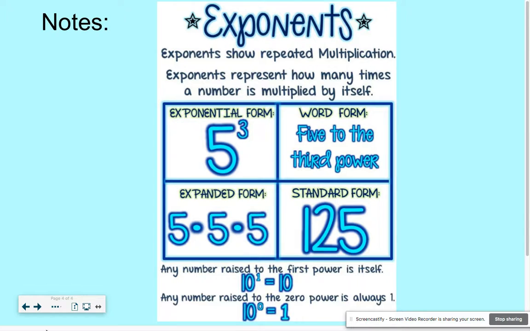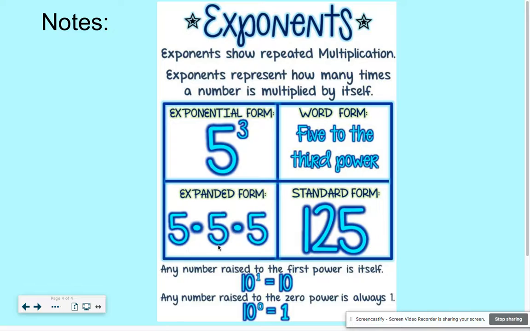An exponent represents how many times a number is multiplied by itself. In exponent form, that's when you see the little number, like 5 to the third power, or 5 cubed. In word form, we would call this 5 to the third power. Again, this one also could be called 5 cubed.